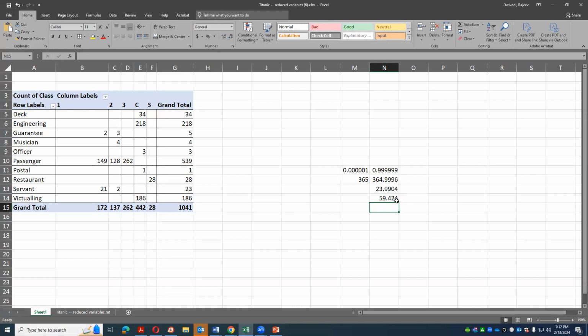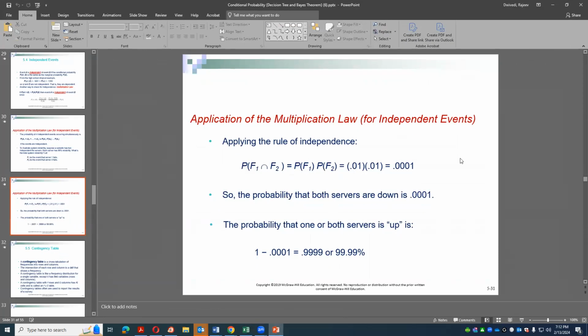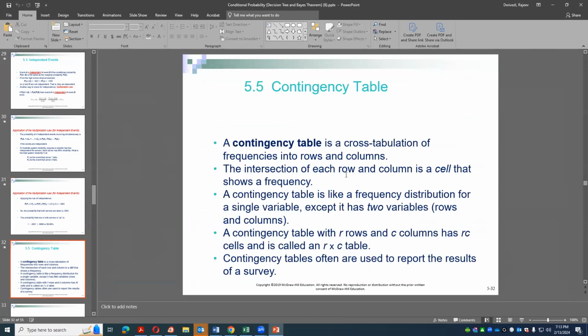If you use 5 of them together, probably a few seconds, maybe 1 or 2 seconds. If you use 10 servers, you will have less than 1 second in an entire 365 days that the website will not be available. So I was just explaining this concept.